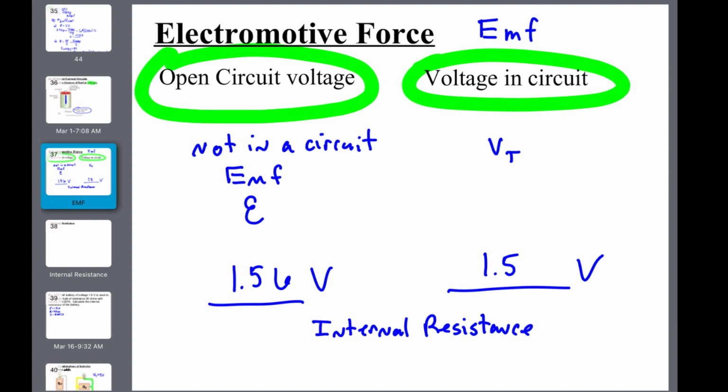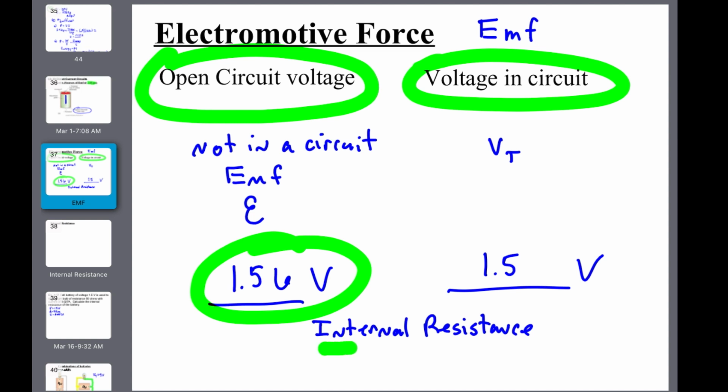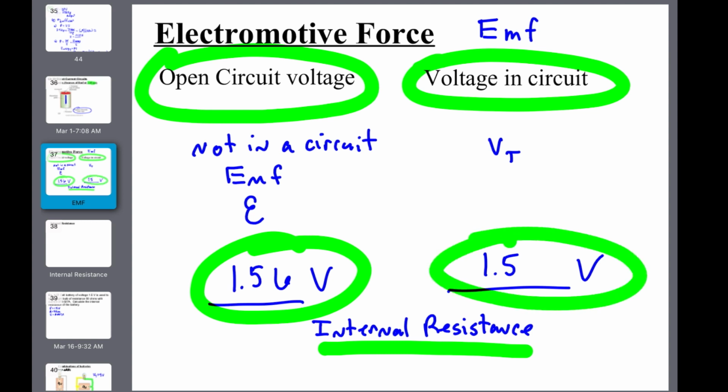And when there is no charge flowing, there's no resistance to charge flowing, and so you get a higher value for the voltage. When you actually have the chemical reaction occurring, then charges are flowing, and there is an internal resistance that converts some of the energy of the charges into heat energy, causing the voltage that is actually delivered to the circuit to be less.